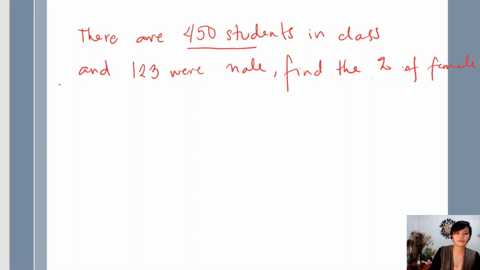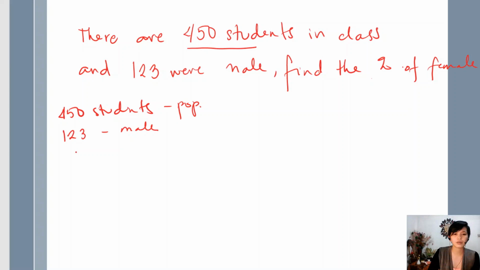First you have to analyze. Of course, you have 450 students as your general population. You have 123, this is your male. So you are looking for X for female.